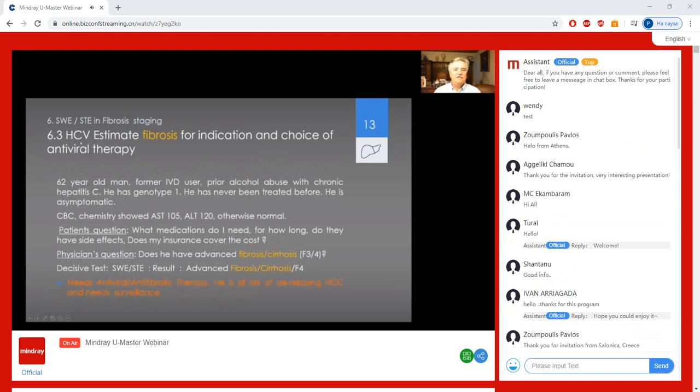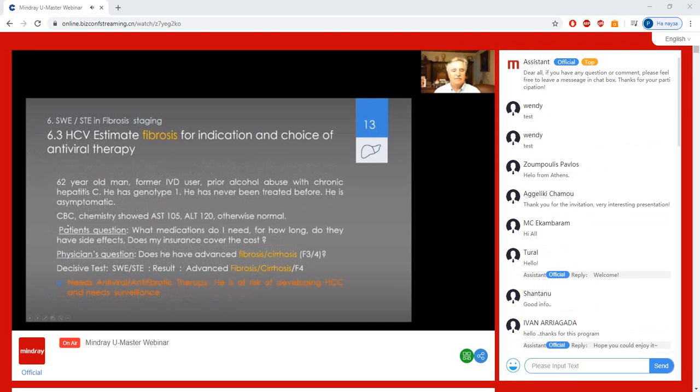An HIV patient with those clinical and biochemical data. The patient's questions are, what medication do I need? For how long? Do they have side effects? Is my insurance going to cover the cost? And the physician's question is a simpler one.